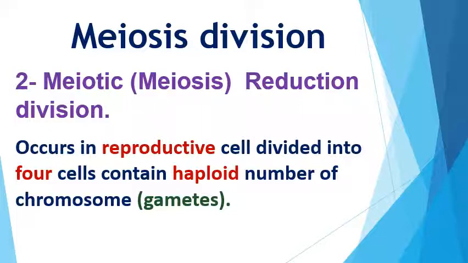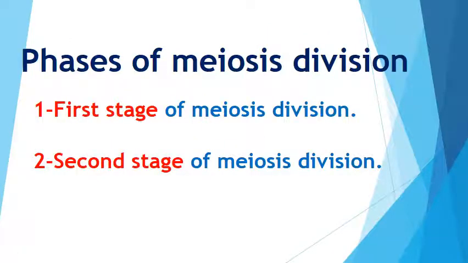Okay, let's go to what happens in meiosis division. Phases of meiosis division. We have two stages here: number one, the first stage of meiosis division, and number two, the second stage of meiosis division.